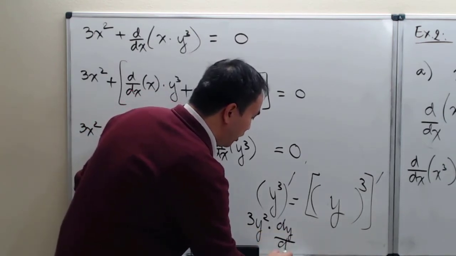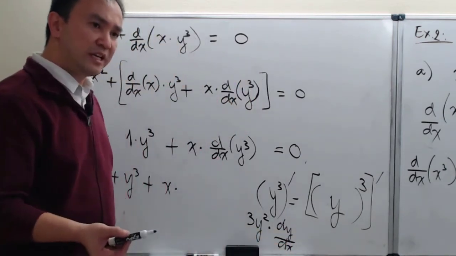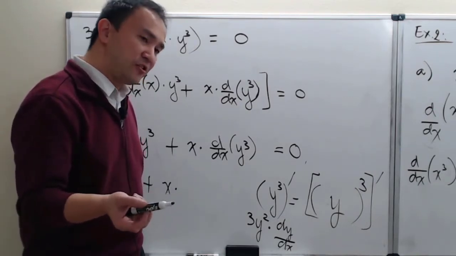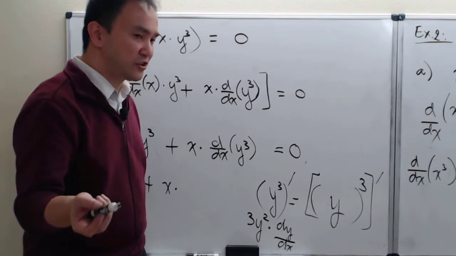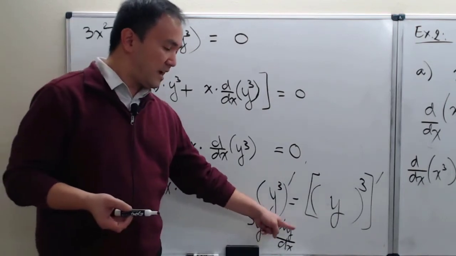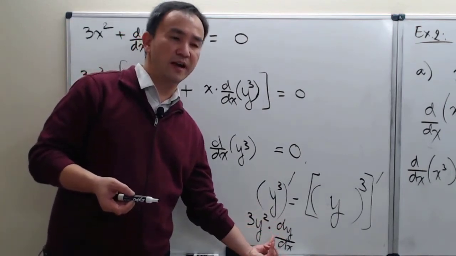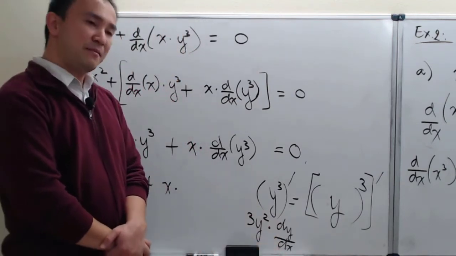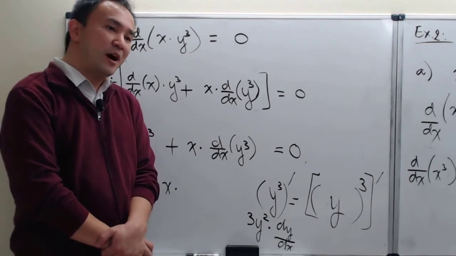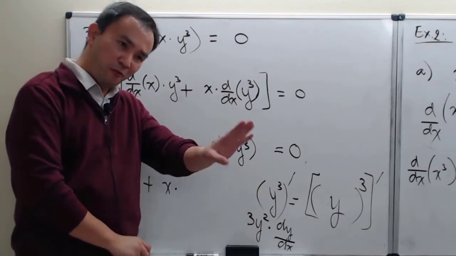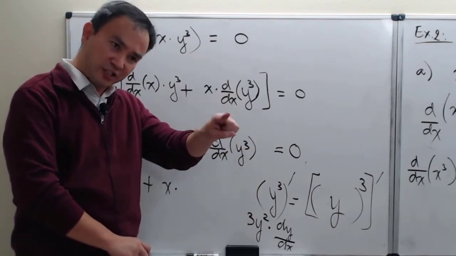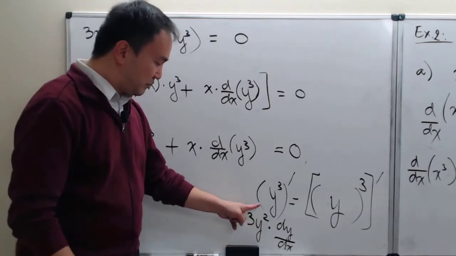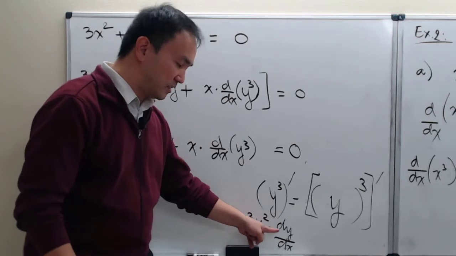Since we don't know what the inside function is, we keep y as an implicit function of x, and without knowing what that is, we leave its derivative as the unknown, the implicit dy dx. Once the function is implicit, its derivative has to also be implicit. And so here it must be 3y squared times dy dx.